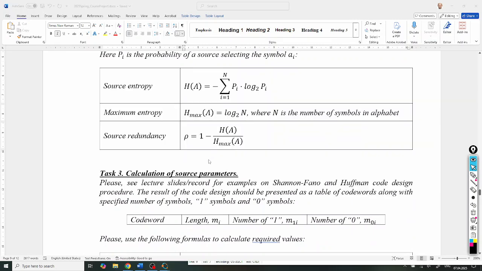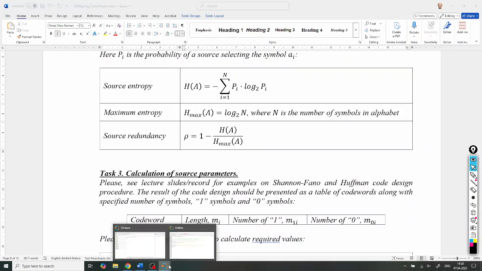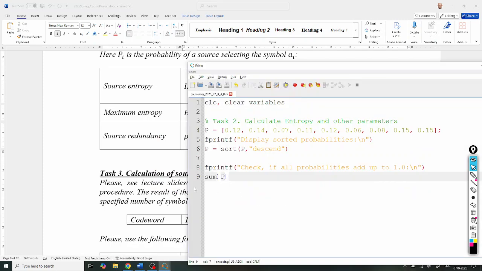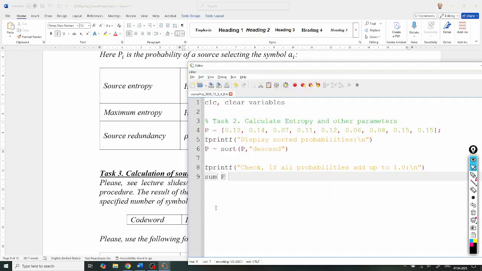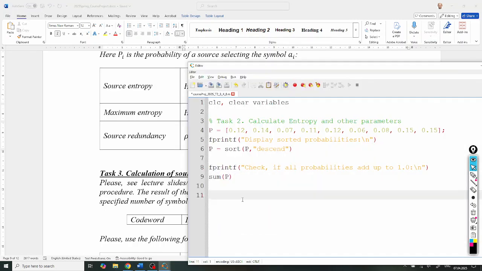There are multiple ways to do so. Actually, you can create a for loop and go through all these probabilities. You can multiply them element-wise, each with each other, and add them together. So I'm going to do the most advanced stuff. Let's say fprintf, entropy of the source.